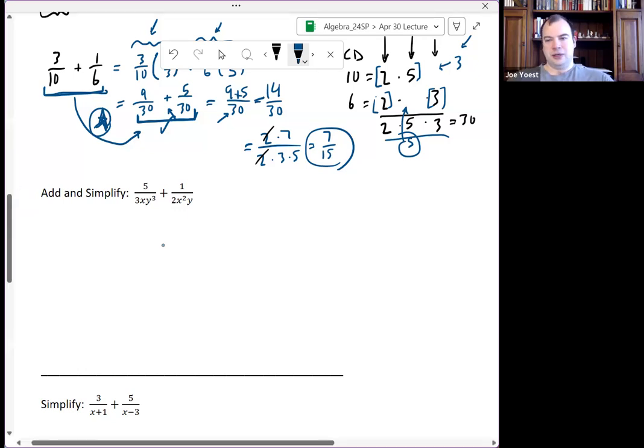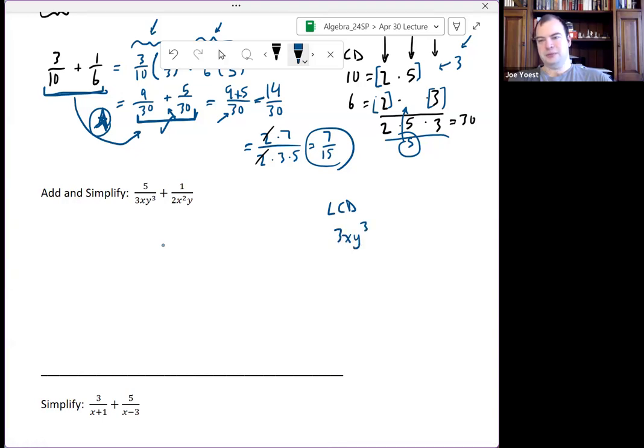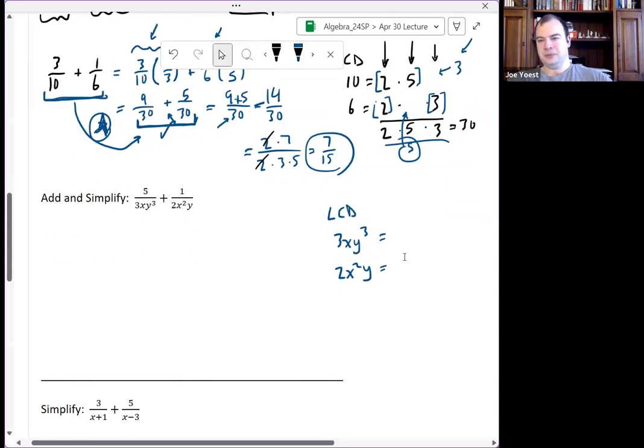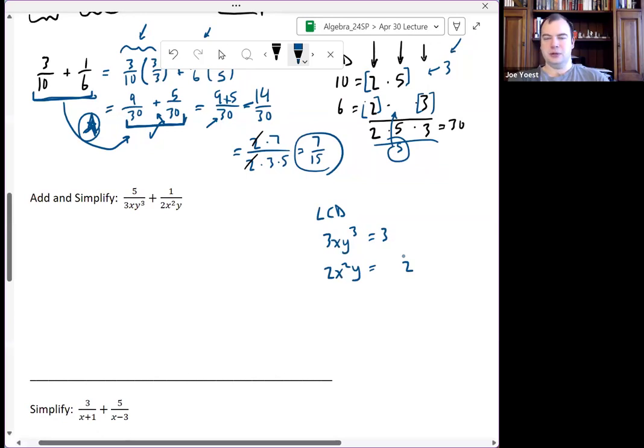So what do I do? I look for my lowest common denominator. I take each of my denominators, 3xy cubed and 2x squared y, and basically factor them like I did up here. Well, for the numbers, I could literally factor them, but 3 and 2 are both prime, so their prime factorizations are just themselves.